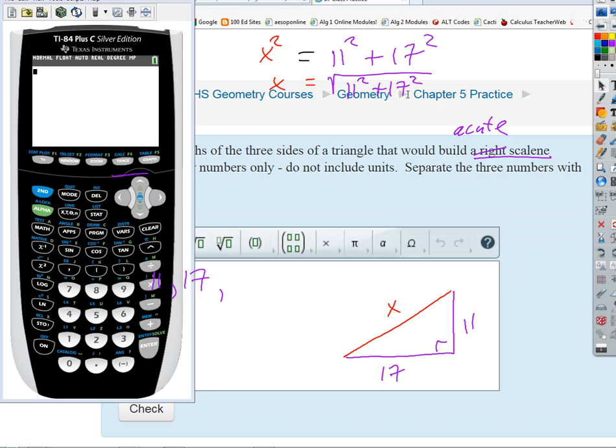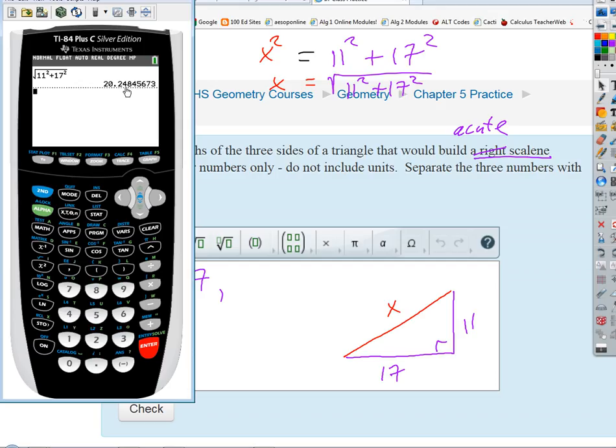We don't want a right triangle, but we got to know what it's going to be. So the square root of 11 squared plus 17 squared is 410. Square root of 410 is 20.24.